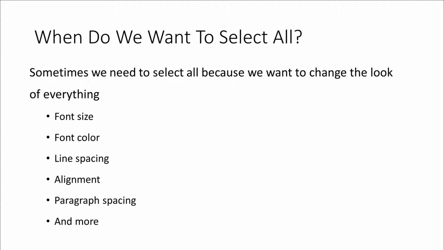So a lot of times it's just easier, or you will have more control over the change, if you go ahead and select everything first, then make your changes to the space between the lines, or your paragraph spacing, or even your horizontal alignment. That's when something is centered, or right justified, or left justified. In all of these situations, you can select your entire document first, Control A, and then make your change, and it will be applied to everything in the document.